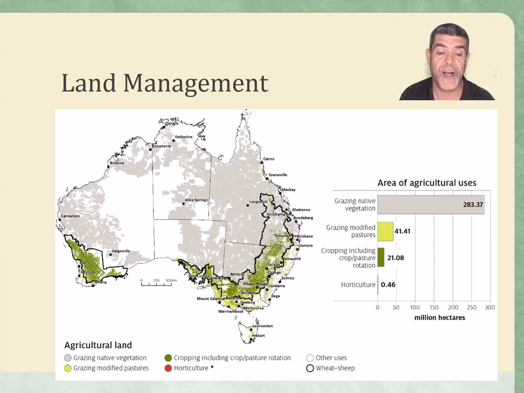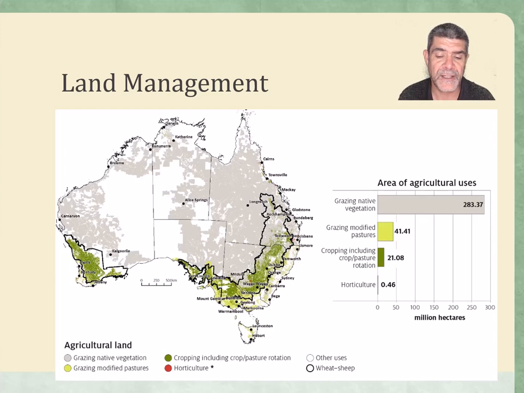There's been some modified pastures, which is the yellow colour that we see here. And then the green is the cropping that includes crop and pasture rotation. So more active farming occurring in those sorts of areas. And there's also a few little spots of horticulture that are identified in smaller patches around the country as well.